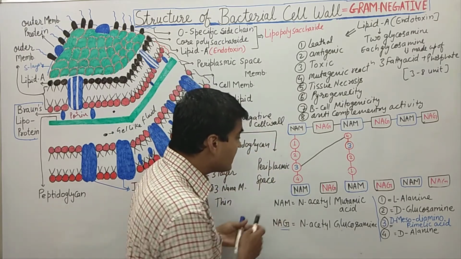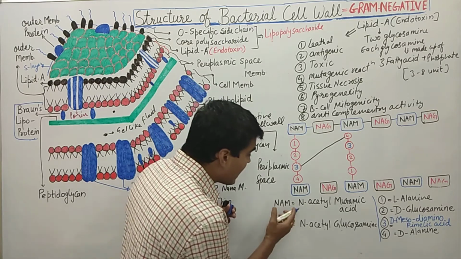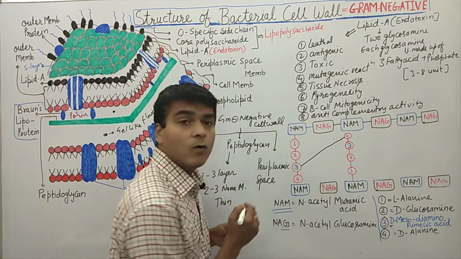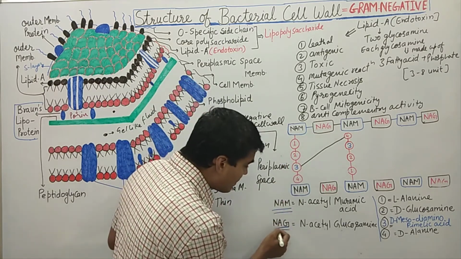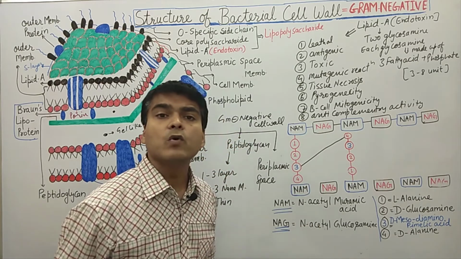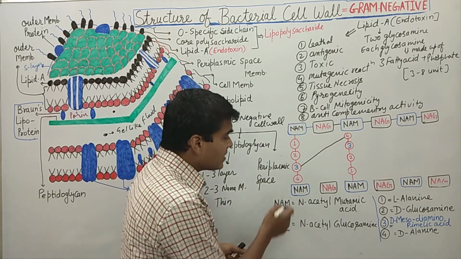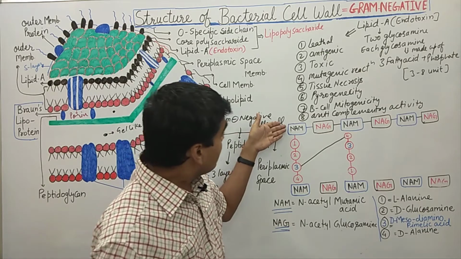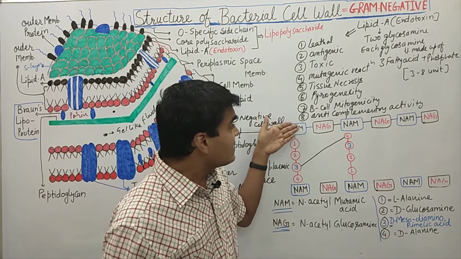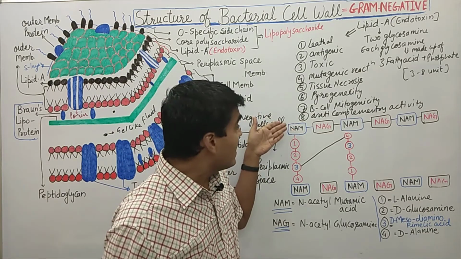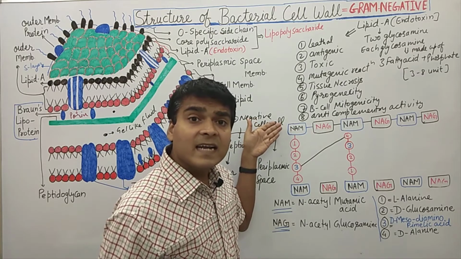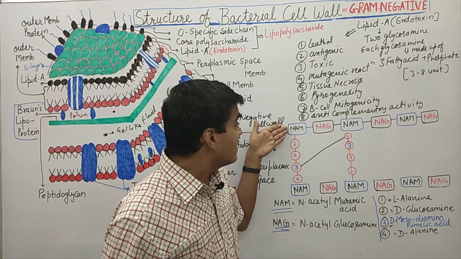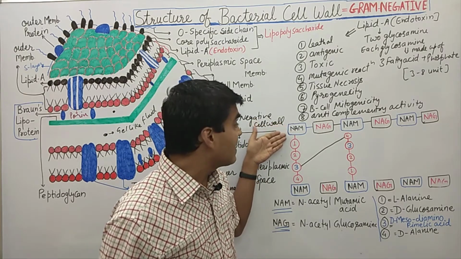NAM is N-acetyl muramic acid, and NAG is N-acetyl glucosamine. Just look at the structure. NAM and NAG are arranged alternately, and NAM is connected with a tetrapeptide.